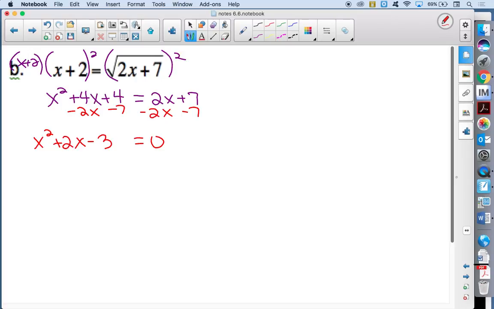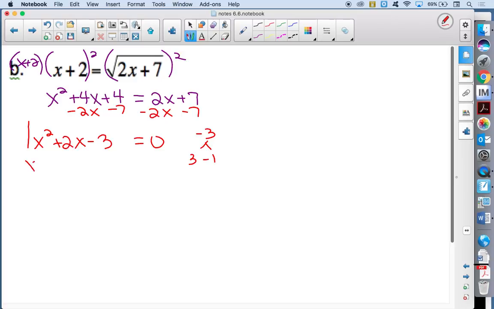So we have x squared plus 2x minus 3. We're looking at 2 numbers that multiply to be -3 but add to be positive 2. And those 2 numbers are? Brandon? 3 and -1. If there's a 1 in front here, if you want to skip that expansion step, you can.